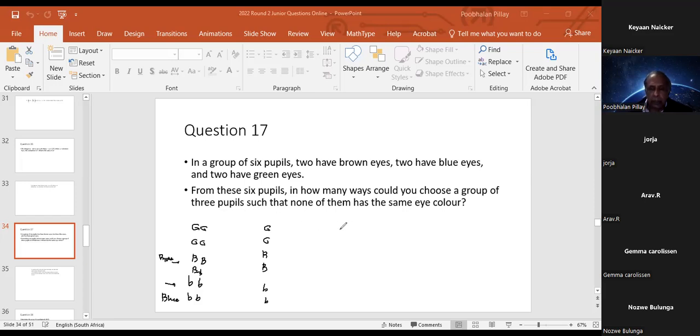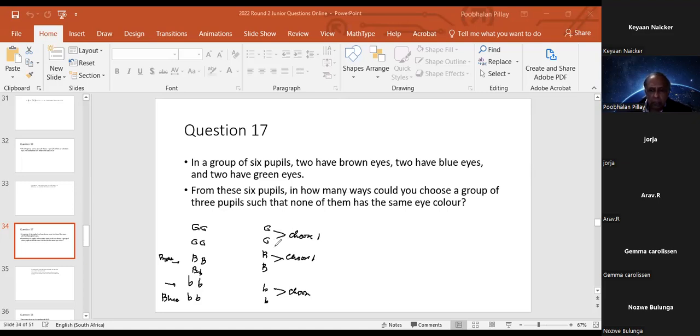So if I choose one from here, I can't choose the other, so I must choose exactly one. So here too, I must choose one. And here too, I must choose one. Right. The question is now, in how many ways can you choose this group?